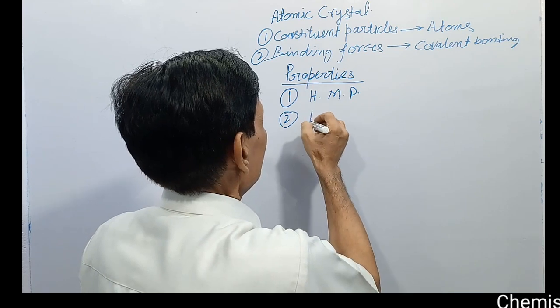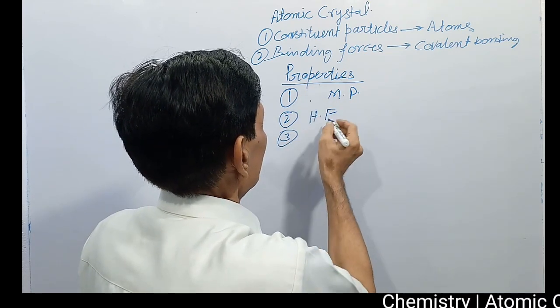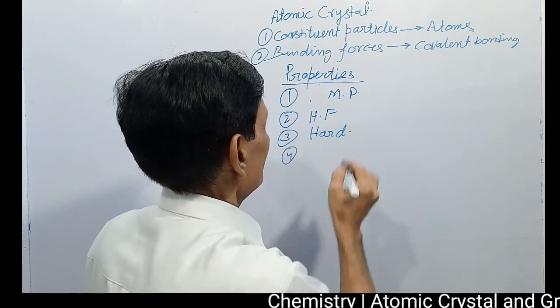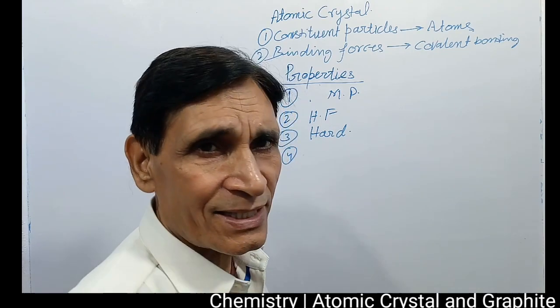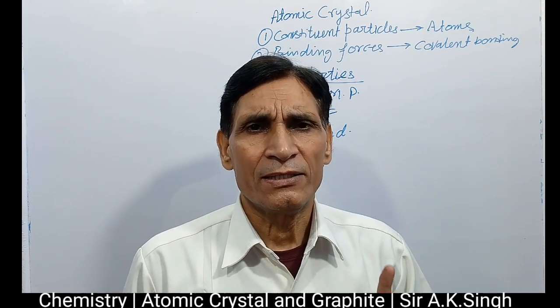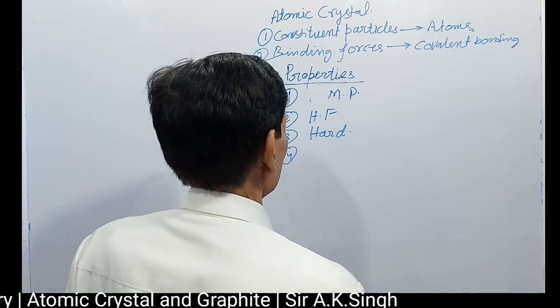Second, high heat of fusion. Third, they are very hard. And fourth, they are poor conductors of heat and electricity. These are some important points to remember. I am going to tell you first about the structure of graphite.